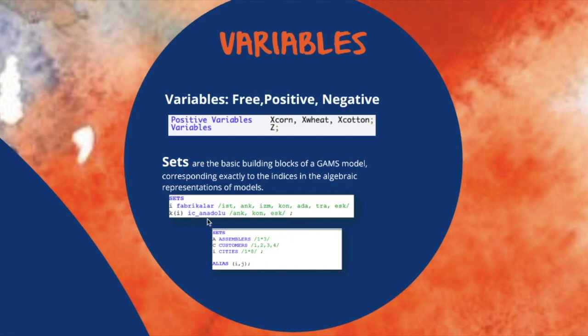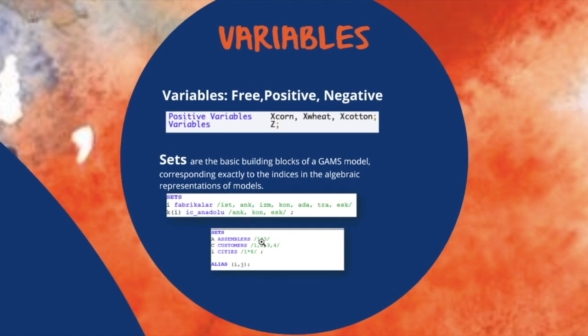A quick reminder: you don't have to use commas between these expressions, the I fabrikalar and K İç Anadolu. If you switch the line, that literally stands for a comma. Here is another example: in sets, A means assemblers between 1 and 3, which also includes 2.